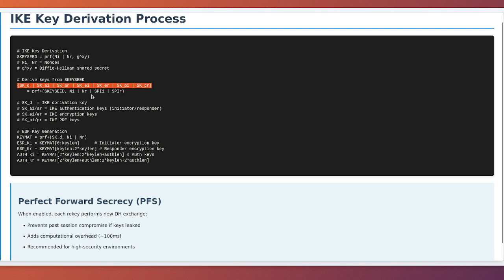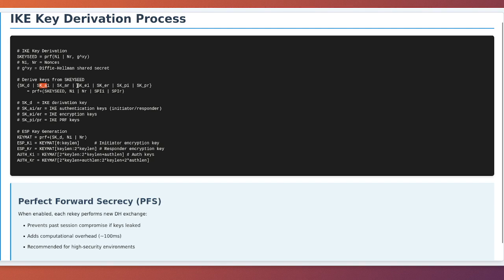For AES-CTR in ESP, IKE must generate several keys: the AES encryption key for outbound traffic, a separate AES encryption key for inbound traffic, and authentication keys for integrity protection in each direction.